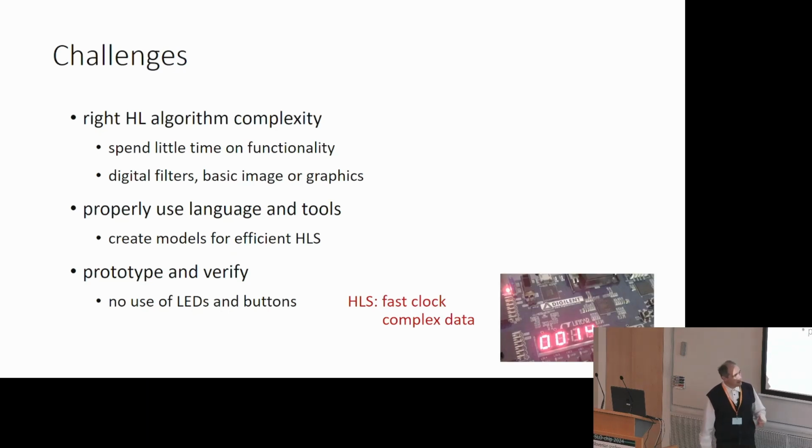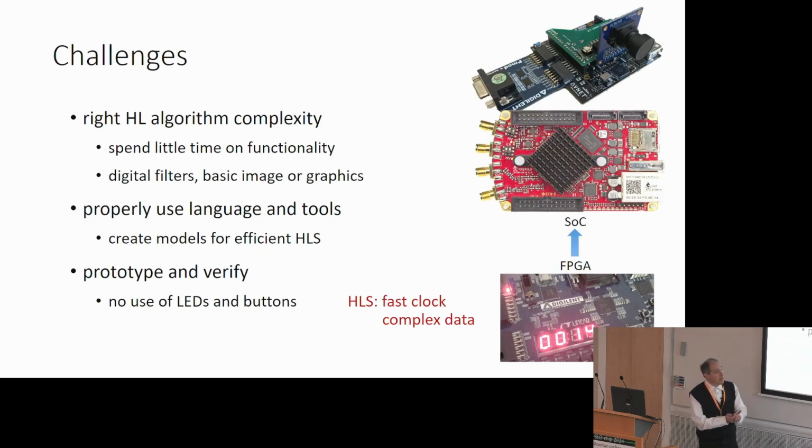So this is not so useful, but instead today we have boards with systems on chips. So we have an FPGA part, where our logic is, and a microprocessor and all the other architecture around that can help us build prototyping and verification.